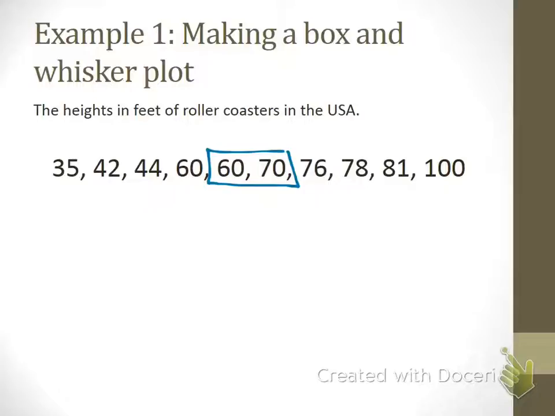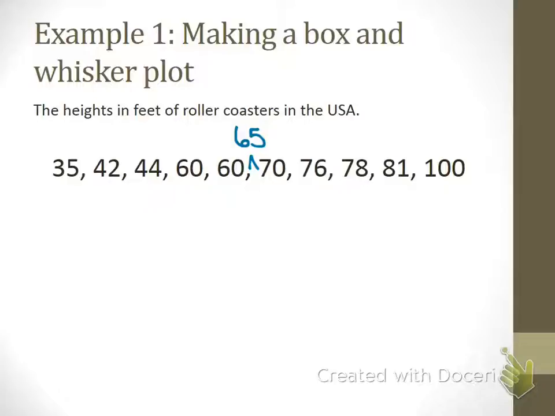I need to add them together and divide by 2. When I do that, what do I get? 65. So 65 is my true median. I want you to write 65 just like I did right there.